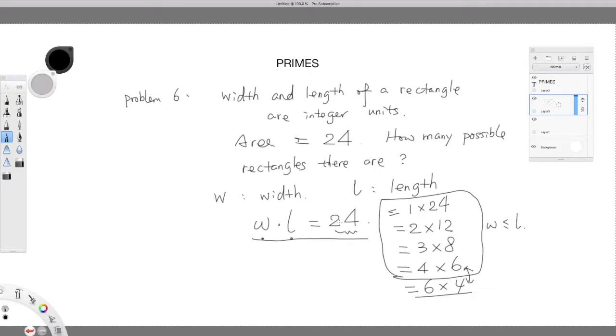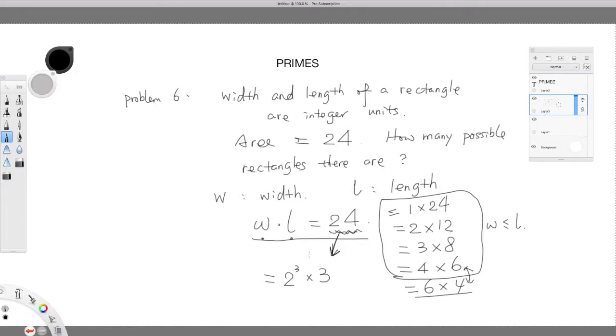Okay, so this problem actually leads to how we're going to find out how many factors 24 has, and in general, how many factors a number has. And here, the general procedure is to prime factor it. 24 equals 2 to the power 3 times 3.